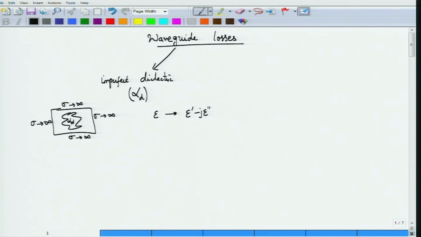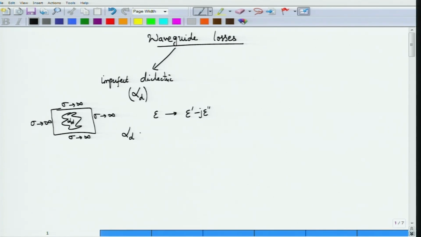So, in all your formulas, all you have to do is substitute epsilon by this particular complex number. Of course, this complex number depends on frequency, but you already know what frequency you are exciting the waveguide at. And because this is loss, clearly you have to find the real part of gamma.